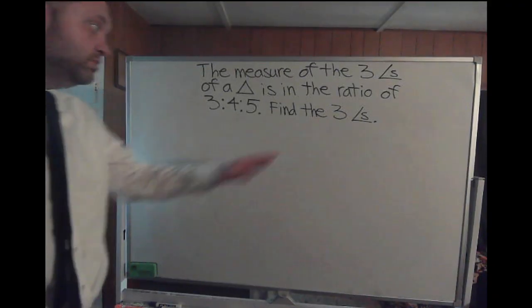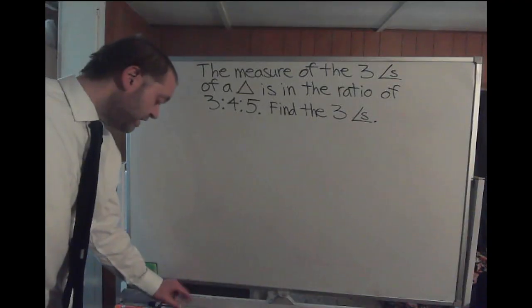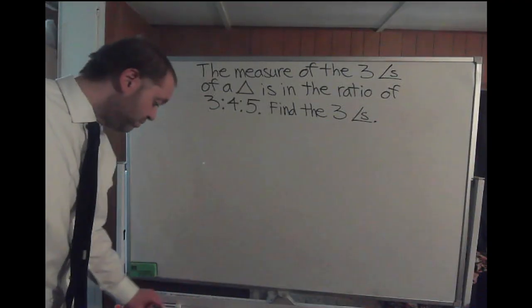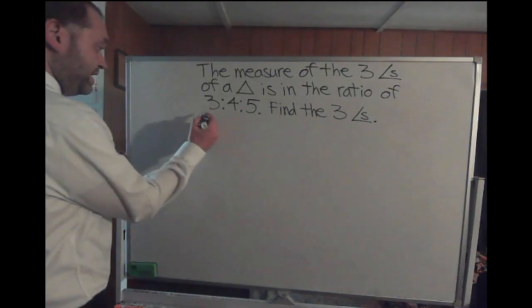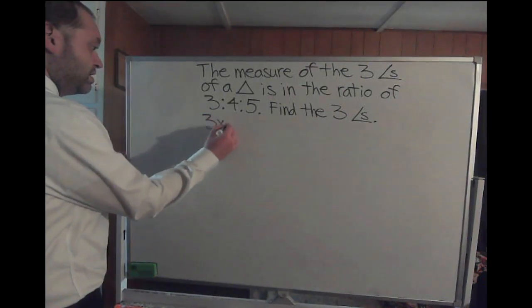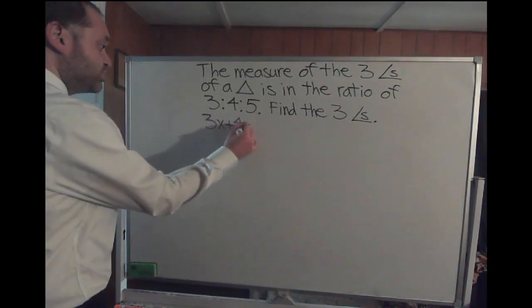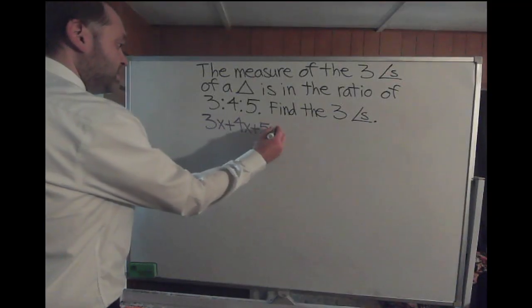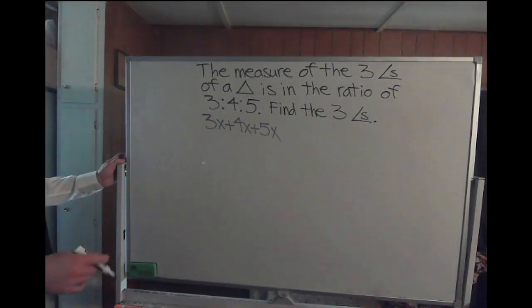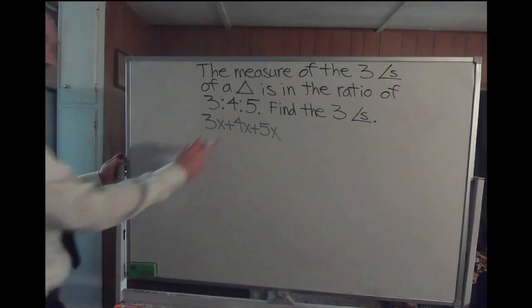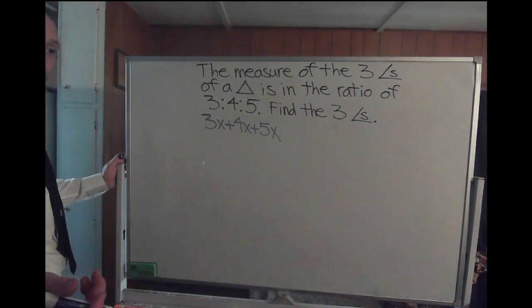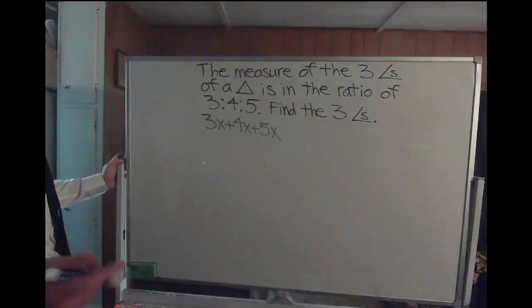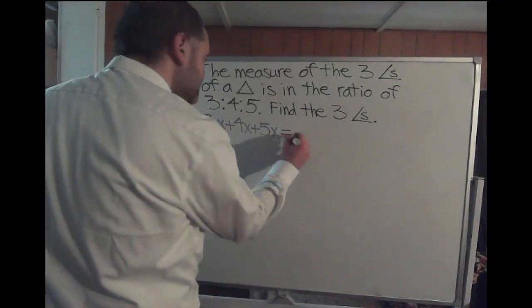Find the three angles. Well, much like you would for your last problem, what you're going to do is take the 3x plus your 4x plus your 5x, because they're in the ratio of 3 to 4 to 5. You're going to add those values together, and we know the sum of the interior angles of a triangle is 180 degrees.